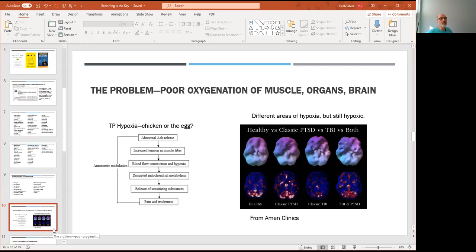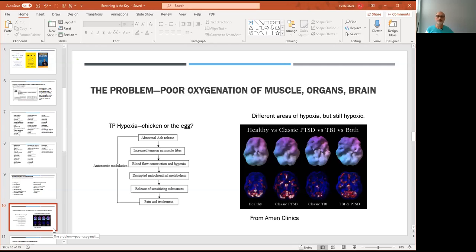So my thinking now is that actually the hypoxia is the problem, and because of the poor circulation that results, we end up with all these chemicals, metabolites that we don't want in the muscle, and they're also acidic. And when we talk in a minute about how carbon dioxide helps release oxygen from the red blood cell to get into the muscle, it'll make more sense.